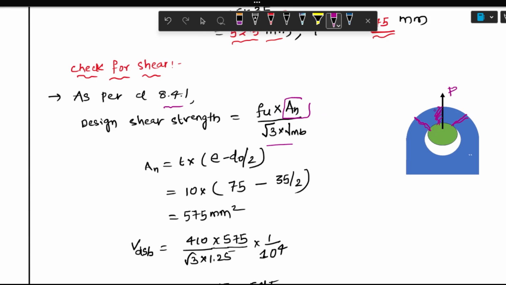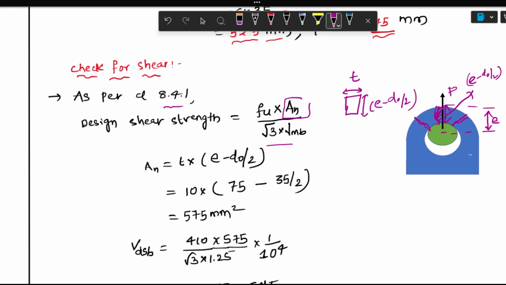For example, I am taking this plane. This is the thickness, and this distance is E minus d naught by 2. For example, this is the center of the hole, this is the edge distance, as I just explained. Next, this distance we have to measure, which is E minus d naught by 2.